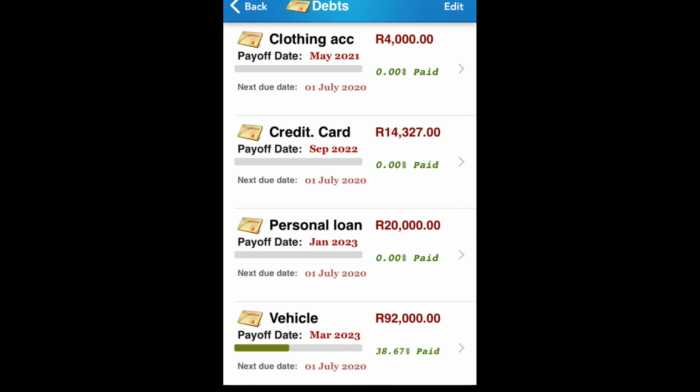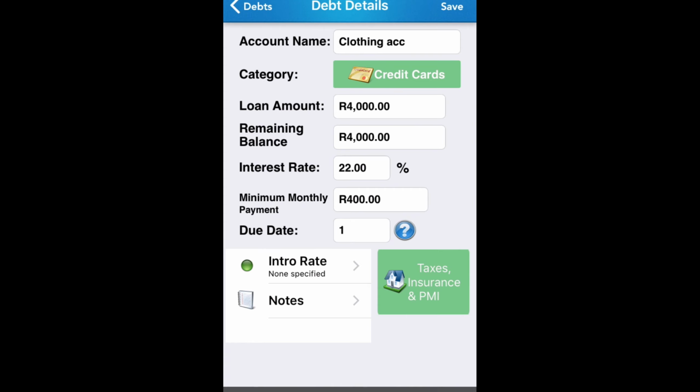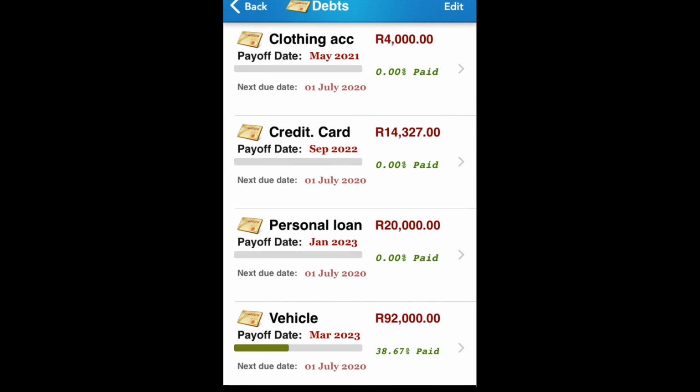So in this example, as I've said, they've got a clothing account. The loan amount, for example, was 4,000, the interest rate is 22%, and the monthly payment is 400. Okay, and then the next debt was a credit card. The outstanding amount on the credit card is 14,327.